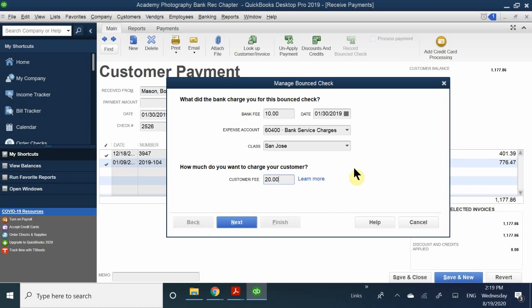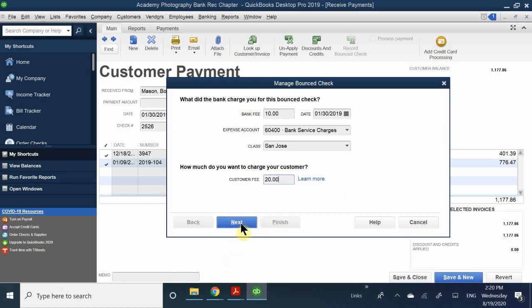I'm going to charge you $10 extra for that, and I'm keeping that in my pocket. At least $10 goes to cover the bank service charge, and the remainder can do whatever helps your business.